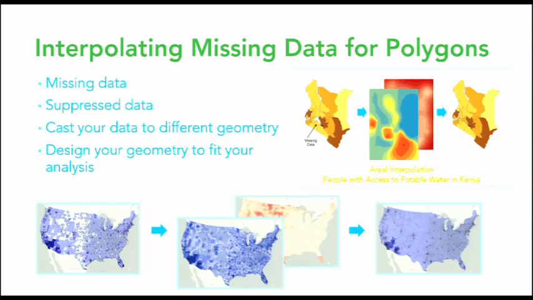Areal interpolation essentially allows you to interpolate based on a set of polygons and create a continuous surface that also has an error associated with it, so you know the confidence you have in those predictions. Then it allows you to put that data back into your polygons.